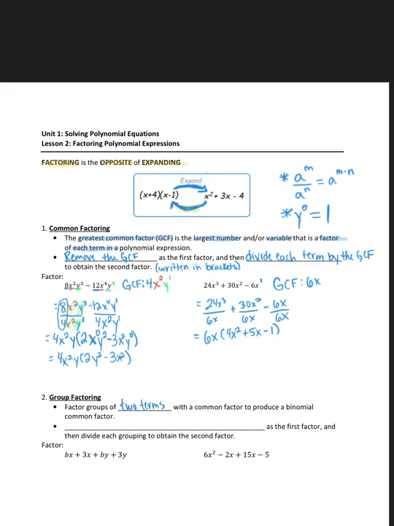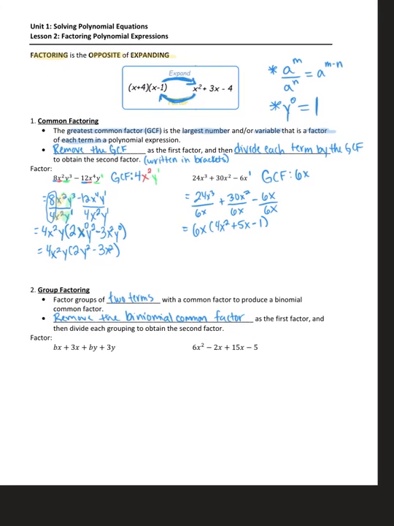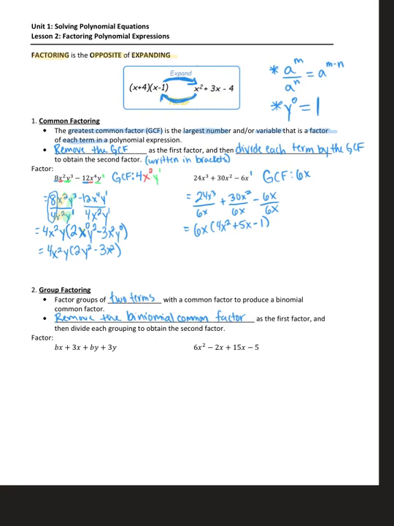So when we do that, after we common factor by grouping, then we're going to remove the binomial common factor, and I'll show you what I mean. So remove the binomial common factor.